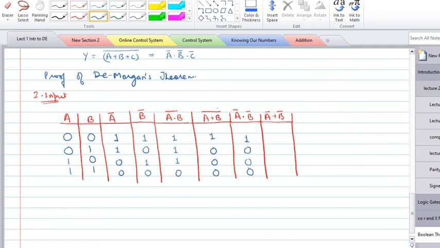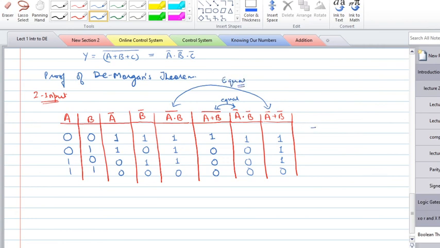It means these two are equal. Similarly, if we OR A bar and B bar, then this will be 1, 1, 1 and 0. In this way, you can see these two results are equal.